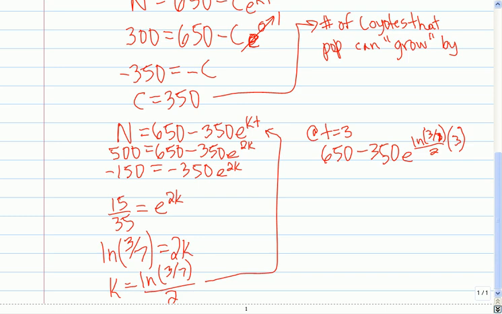And that means now there's going to be about 551.8. So we could say there'll be about 552 coyotes in that population.